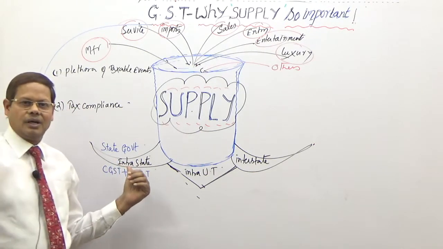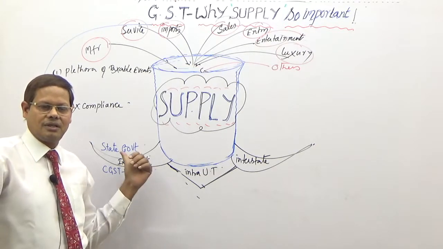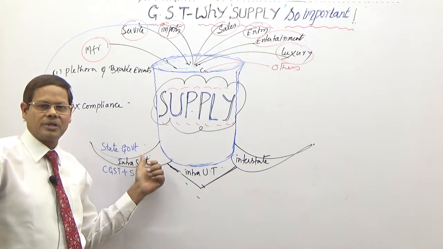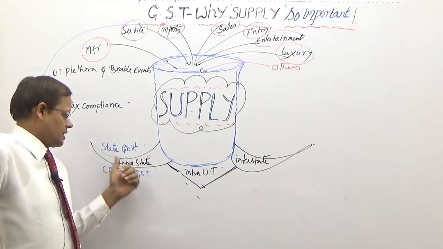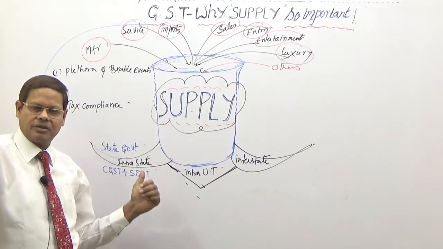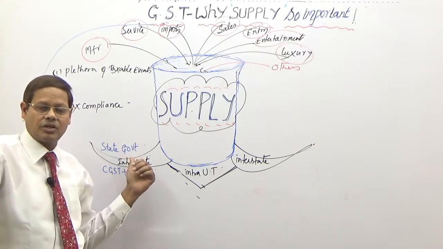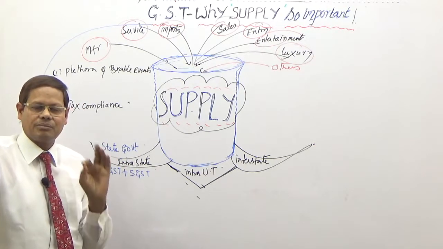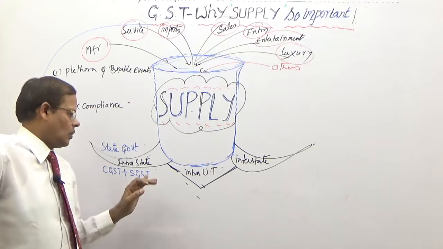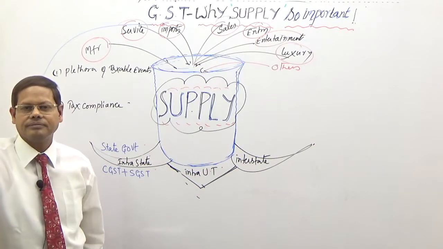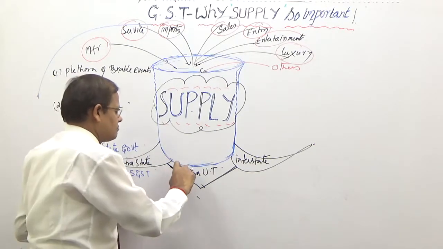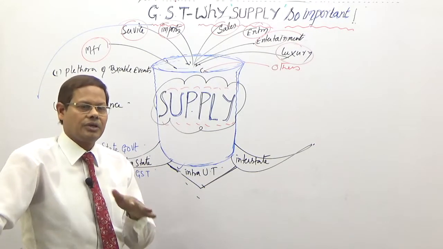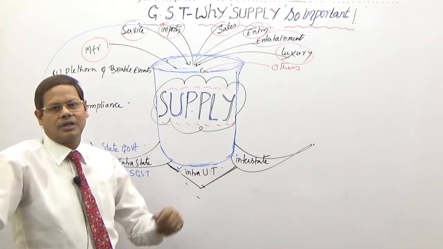Obviously, your registration process is monitored by the state government mostly. You have to get yourself registered and comply with all these things with this state government. Registration, submission of returns, payment of tax, all these things you have to take care of. And the same is the case with intra union territory, if it is a supply within the union territory.